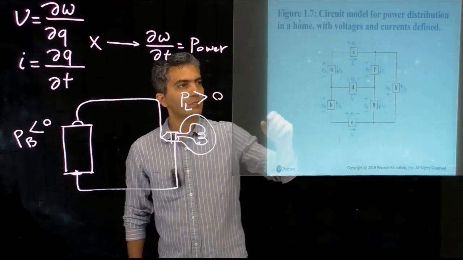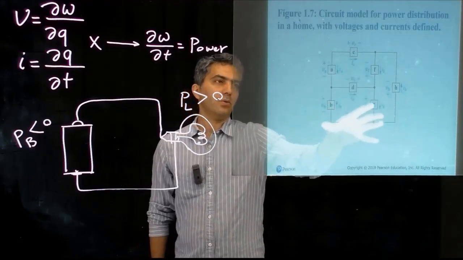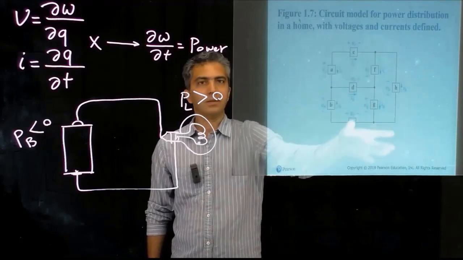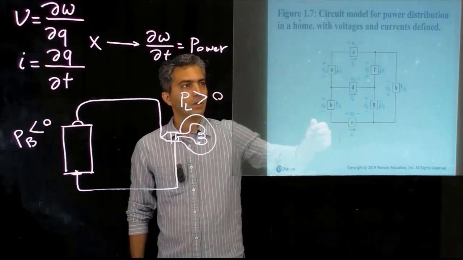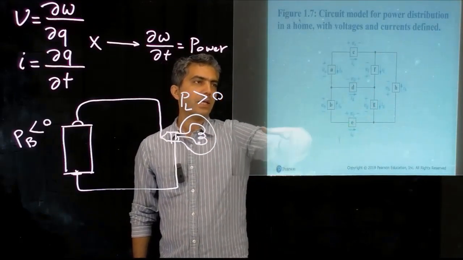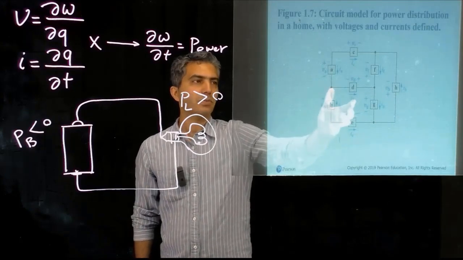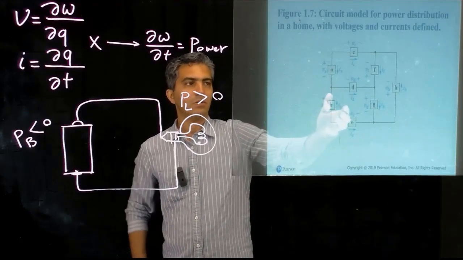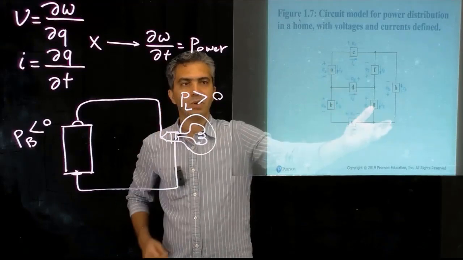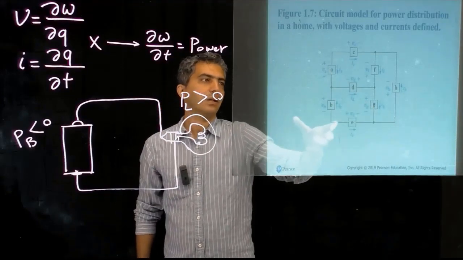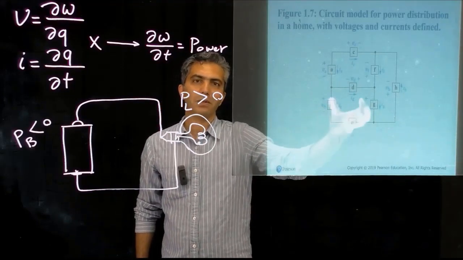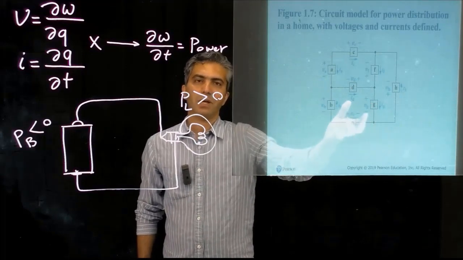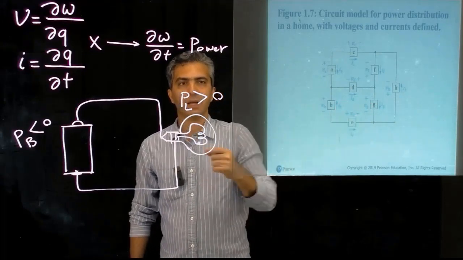Now, we know that within this network, for any kind of energy to be dissipated or transferred from one source to the other, we have to have components that generate that energy, and we have to have components that consume that energy.